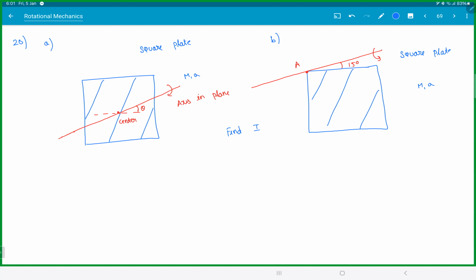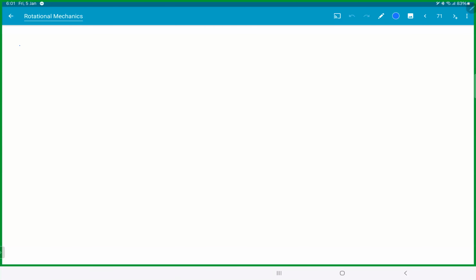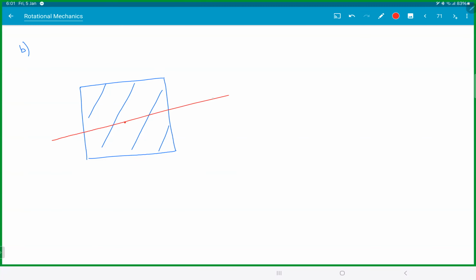See, first thing, I will draw a line parallel to this. This I know, MA square by 12, as derived, independent of theta.